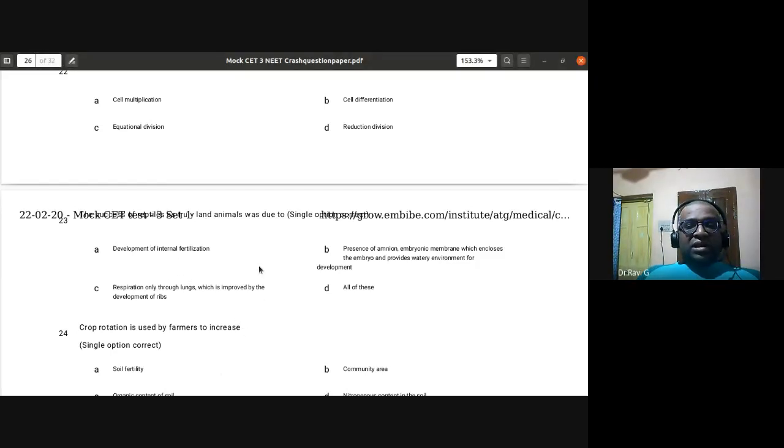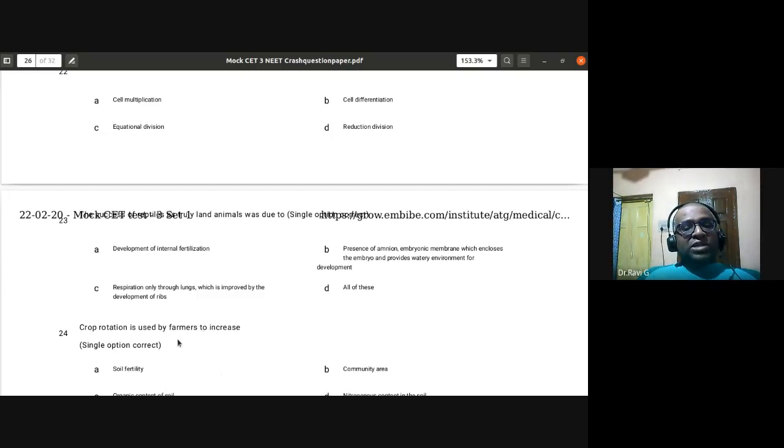Development of internal fertilization, presence of amnion embryonic membrane, which encloses the embryo and provides watery environment for development, respiration only through the lungs, which is improved by the development of ribs, all of these. So, which is the correct statement for the success of reptiles as terrestrial animals? The 23rd, the answer is going to be D, all of these.